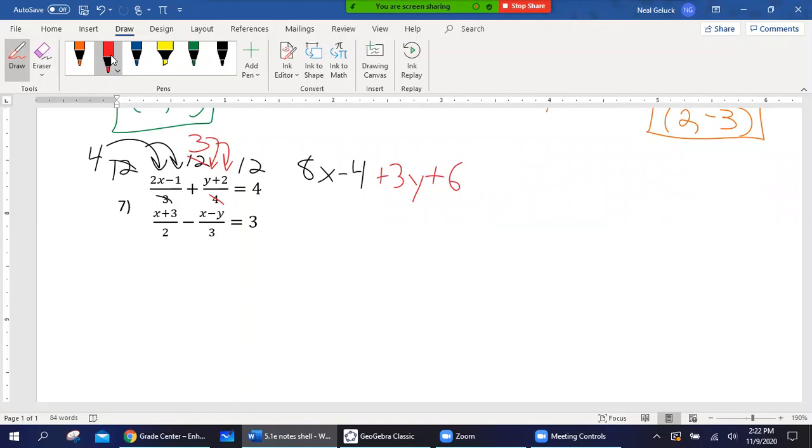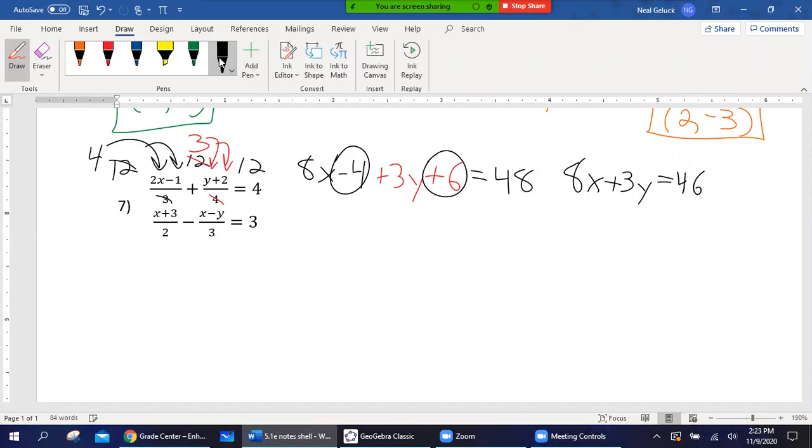And then 12 times 4 is 48. Okay, now I'll further clean that up by just combining some stuff, moving constants over. So I'd have 8x plus 3y. I'd have 2 over there, so if I subtract it over, that's going to leave me with 46. All right, so I didn't change the first equation, I just made it cleaner. So there's my first equation.